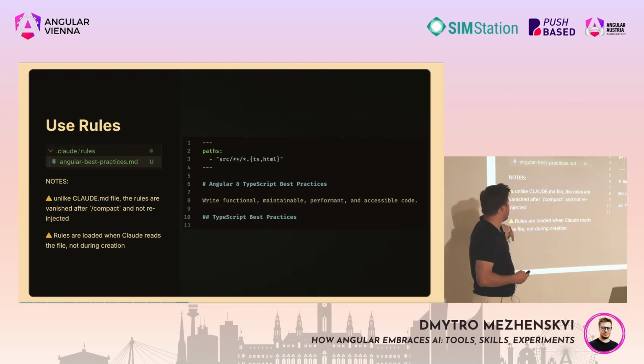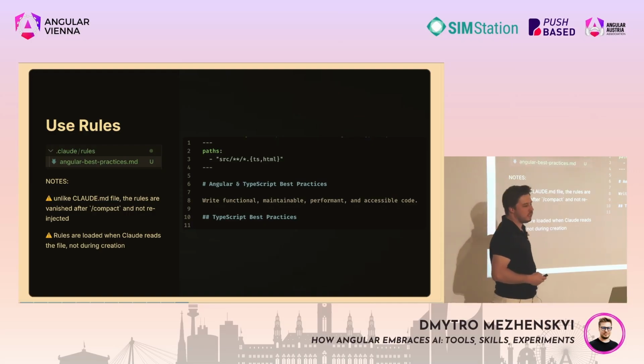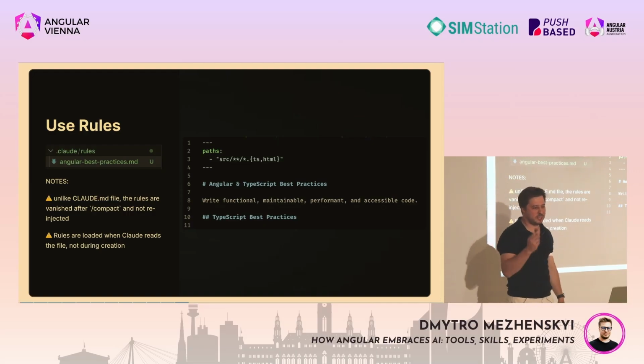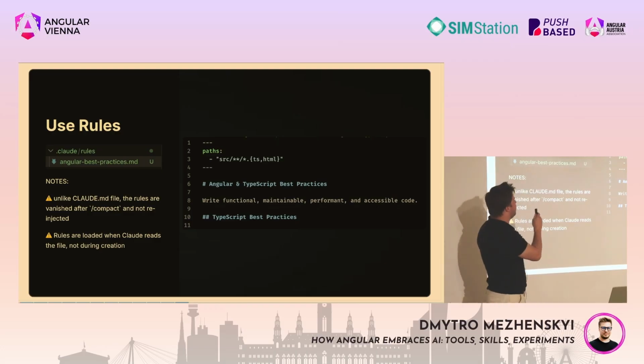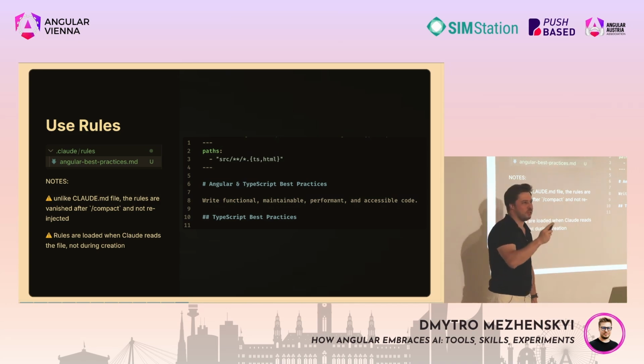Also, rules are loaded when Claude reads a file and not during file creation, which means it's not always guaranteed that these rules will be loaded if you, for example, ask Claude to create an Angular component in a particular folder.